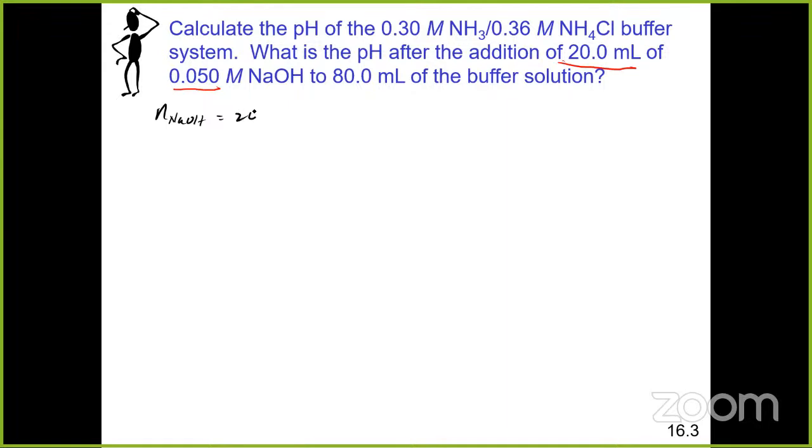Now, of course, you have to convert the volume to liters because it's expressed in milliliters. And then we multiply that by the molarity, which is 0.050 M. So let me see what that gives.